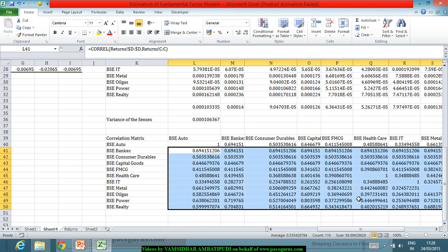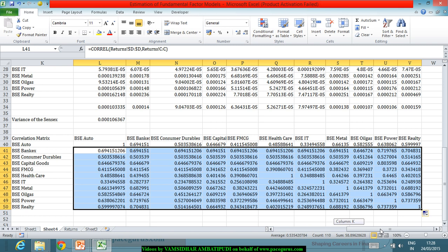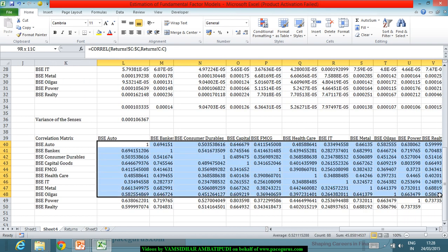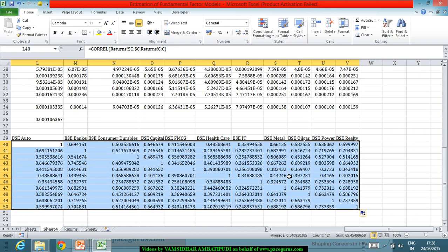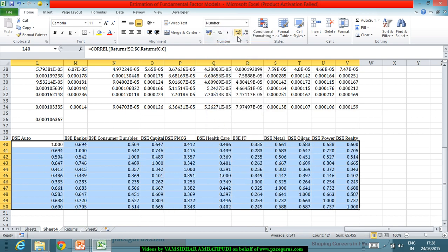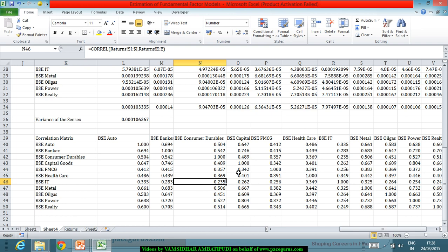Some of the sectors may not be correlated that much, but at least what I could see is there is hardly any negative correlation between any of the sectors. In the majority of the cases, the correlations are positive only. And just to simplify the numbers, I would like to round them, so visually I look at only 3 digits of the correlation. So this is the correlation matrix.